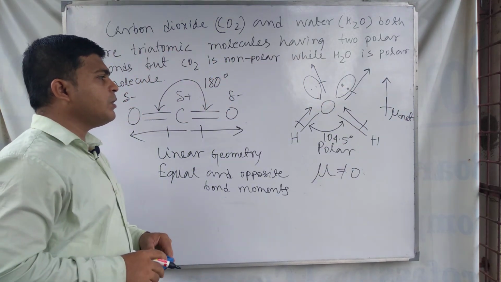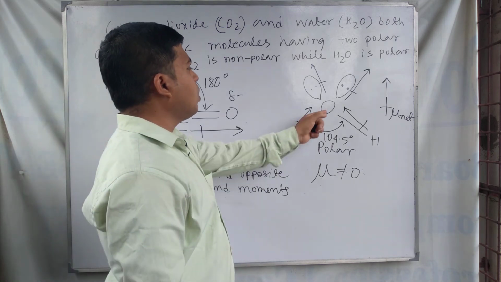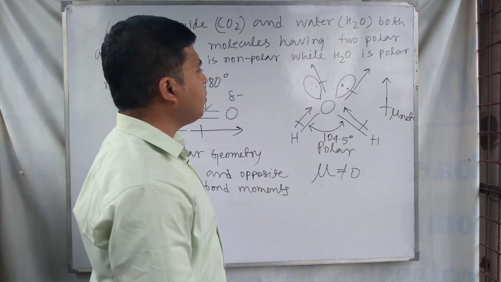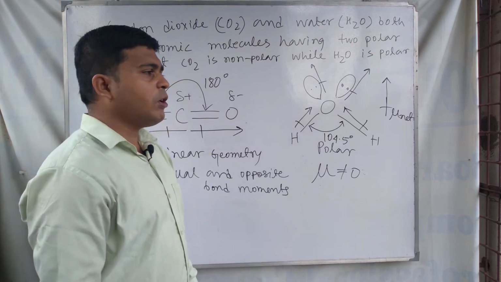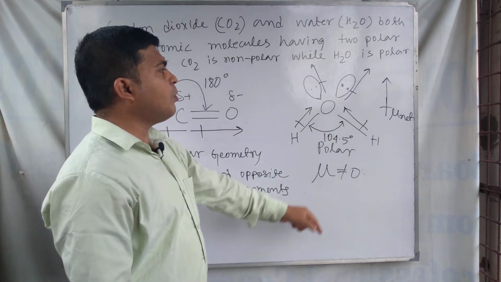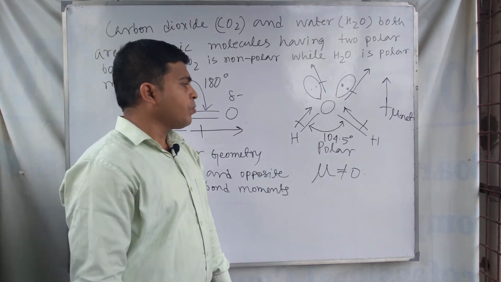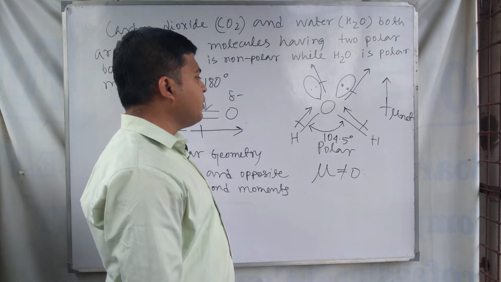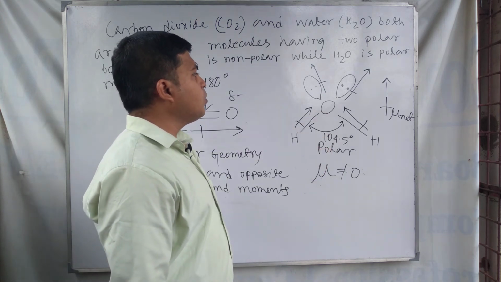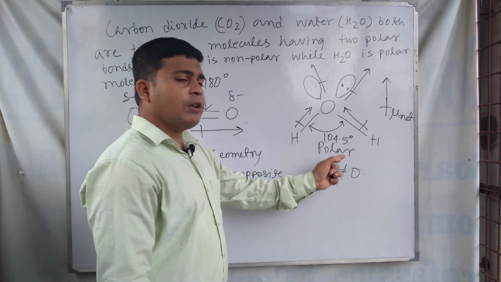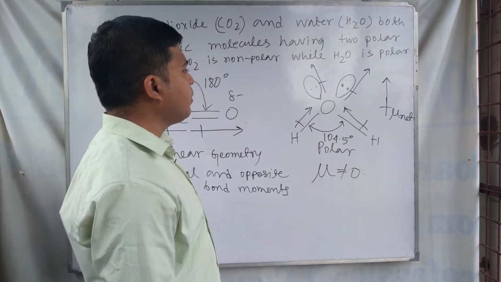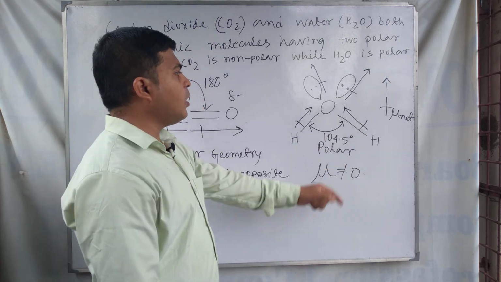So overall the bond moments and lone pair moments are added together, and as a result the molecule has an overall dipole moment. For this reason water is a polar molecule. Its dipole moment is non-zero, it is a polar molecule.